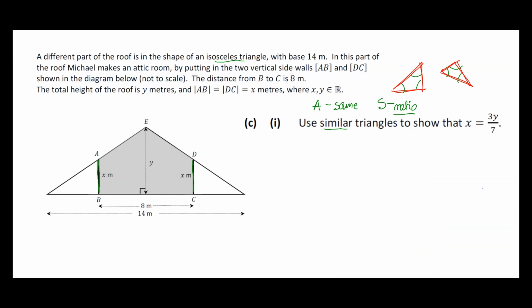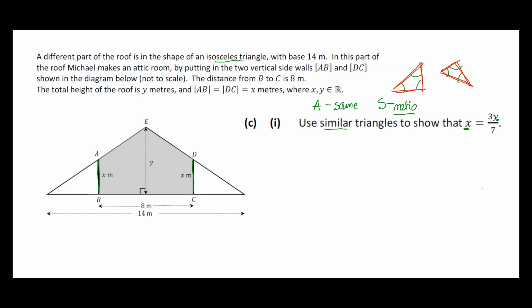Okay, so we need to use similar triangles to work out x equals 3y over 7. Where am I going to have those similar triangles here? Well, since I have x and I have y, I need to have a triangle that involves x and involves y.